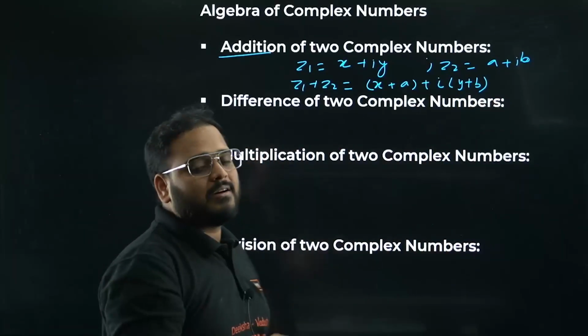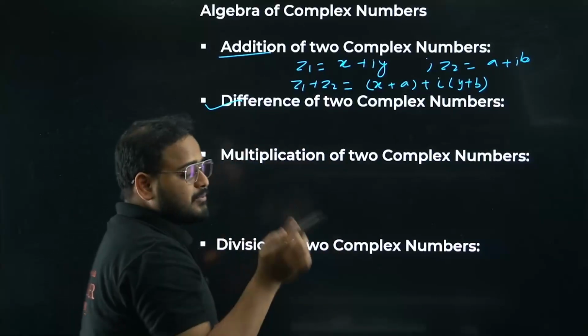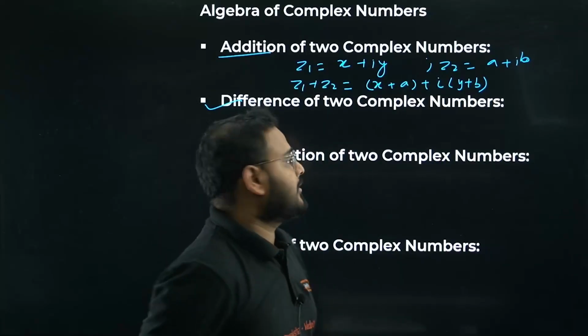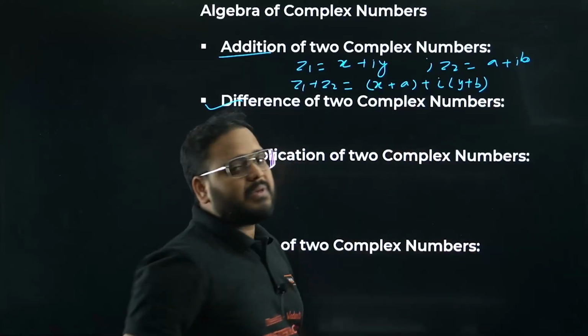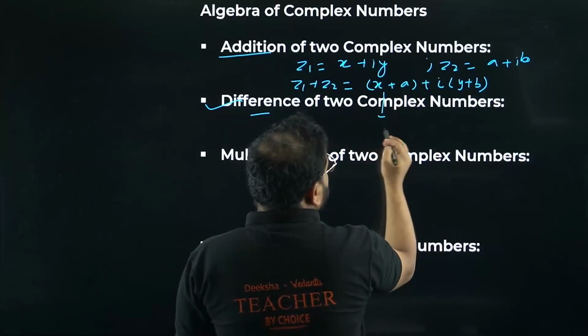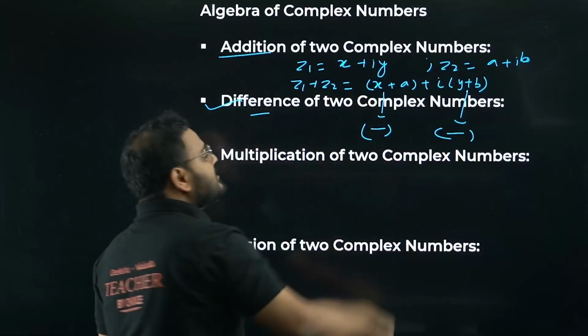You add or subtract your real parts together and imaginary parts together. So x plus a and y plus b. Same in the case of difference, there will be a minus sign. Both are the same thing.